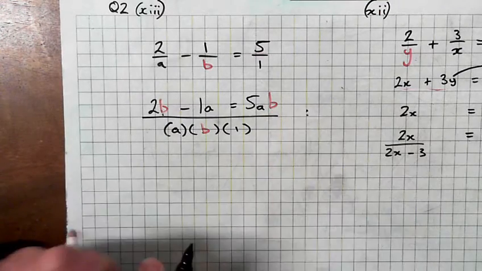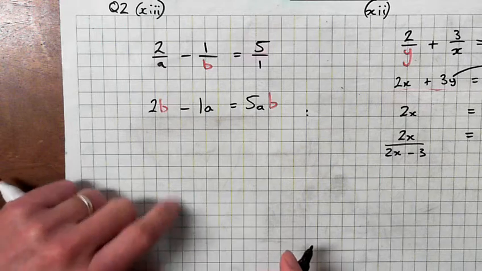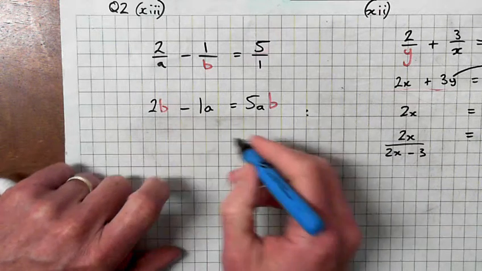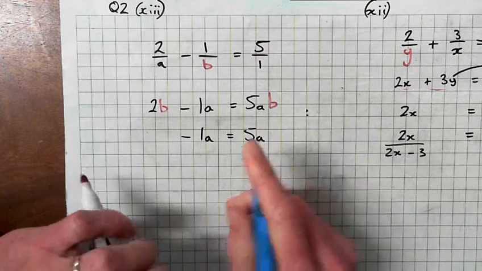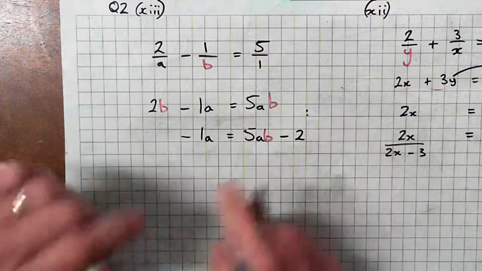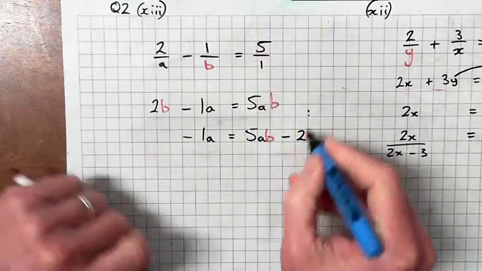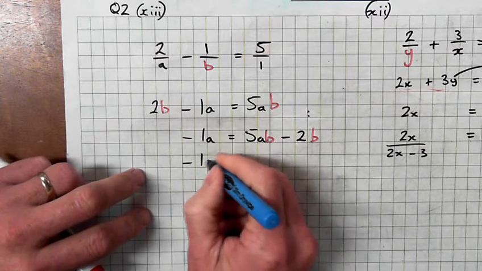5ab. Now rub out a bit. And I want to move all the b's to one side. 5ab, move the plus 2b across. It's a minus 2b. Right, now I factorize.